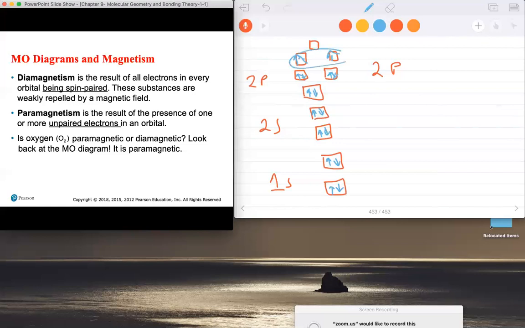These are unpaired electrons, which means oxygen is paramagnetic.